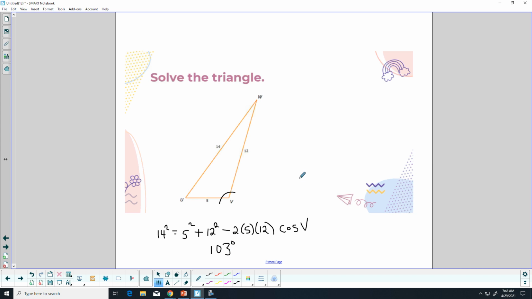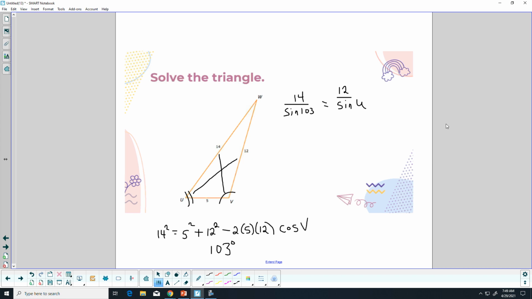Well, now I'm just going to use the law of sines, I think, because I can make a ratio right there of 14 over the sine of 103. And let's go ahead and do U next. And that's going to be 12 over the sine of U. So I'm going to have to cross multiply and divide.